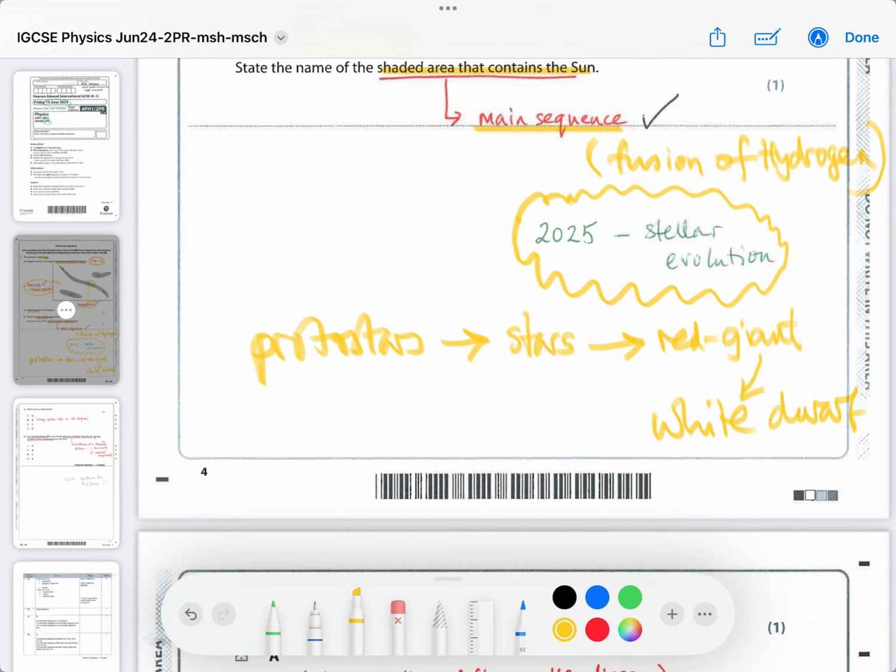Now, what could also be asked about is how does a protostar trigger the nuclear fusion reaction?